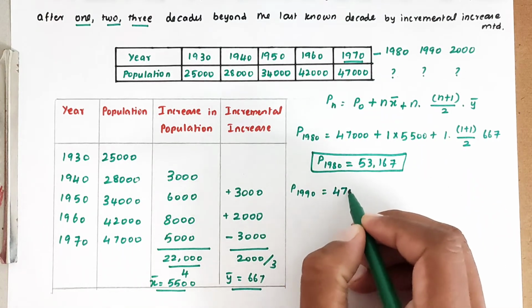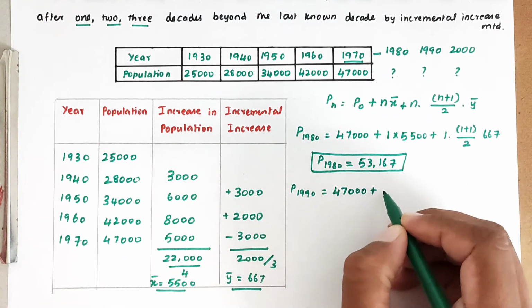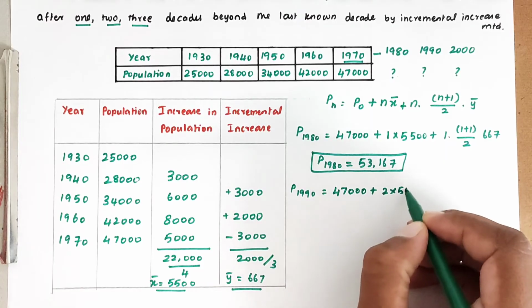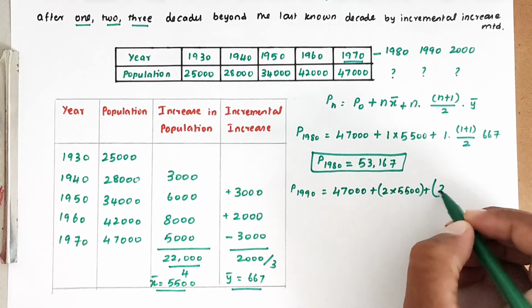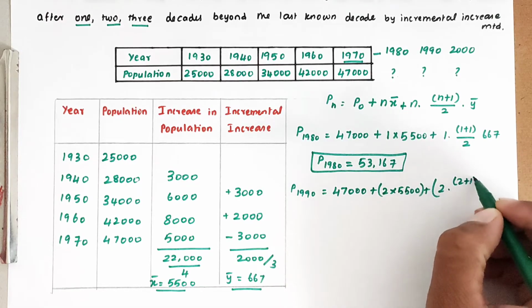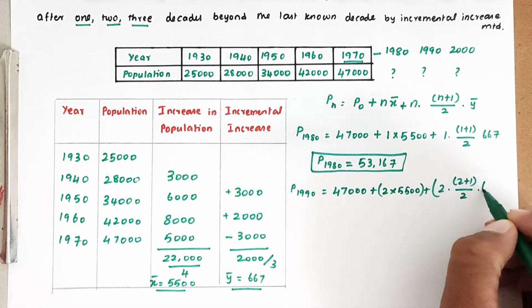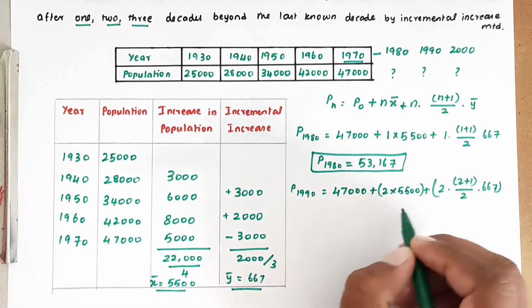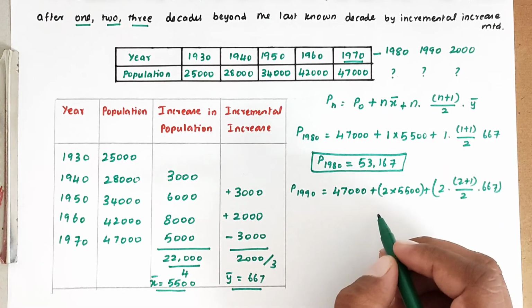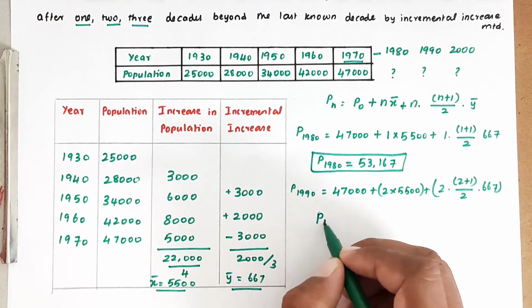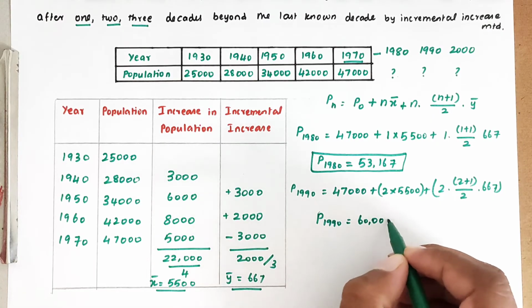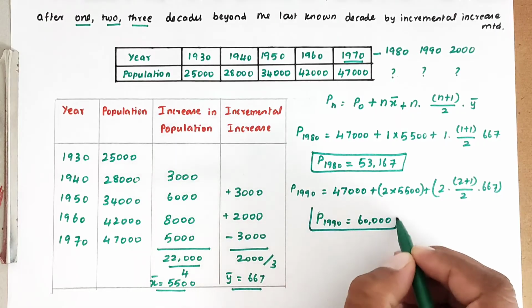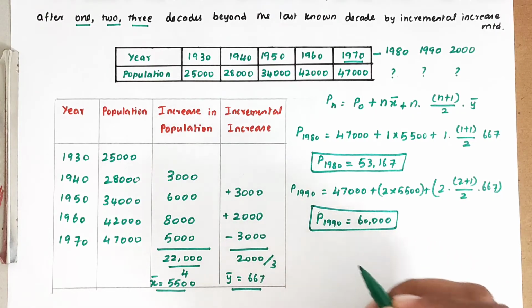Now 47,000 plus 2 into 5,500, plus 2 into (2 plus 1) divided by 2 into 667. Solving this, we get P 1990 equal to 60,000. So the population will be 60,000 in 1990.